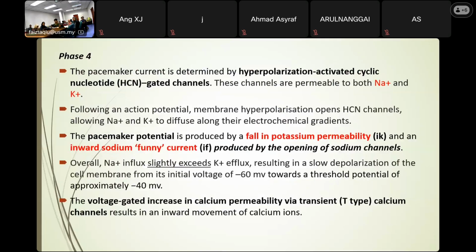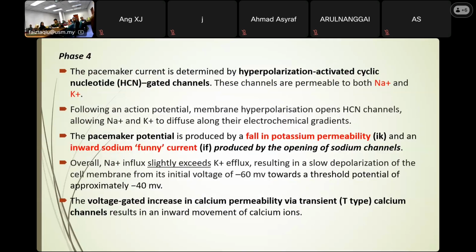Following an action potential, the membrane hyperpolarizes, which opens the HCN channels, allowing sodium and potassium to diffuse according to their electrochemical gradient. This differs from the ventricular one, because once the action potential is transmitted there, the sodium channels open and there is a major sudden influx.